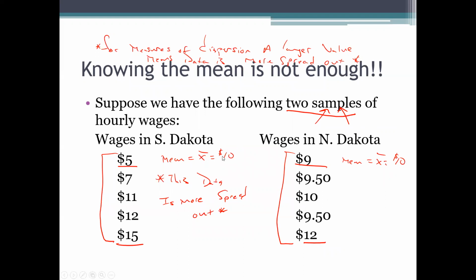Like how many dollars per hour is it away? 5. Okay, how far away is 7? 3. And 11 is 1, and 12 is 2, and 15 is 5, right? So we have a difference of 5, difference of 3, difference of 1, difference of 2, difference of 5. What is the average of that? That's what we're looking for here.